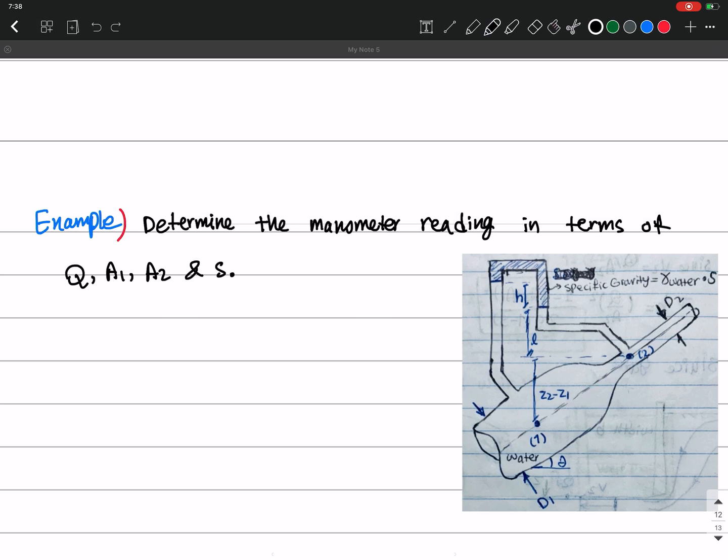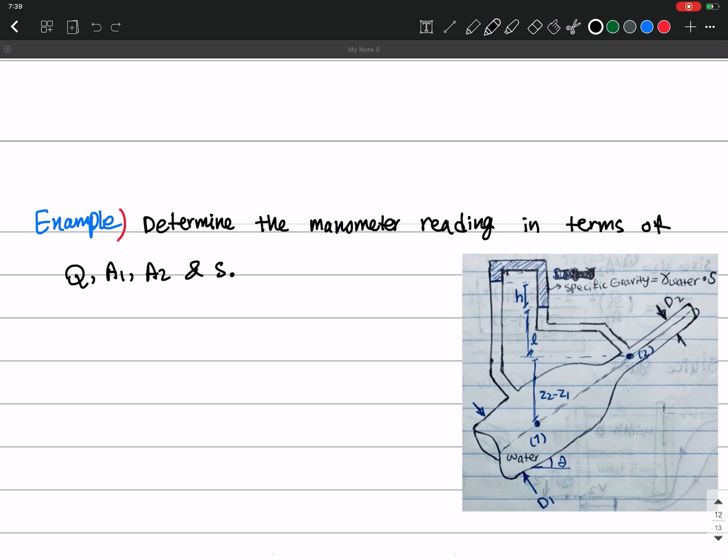It has both a horizontal and a vertical component, so we have to account for that as well. And so let's get started and see how we can find this H, which is the manometer reading, in terms of all these flow variables and also the geometry, which is A1 and A2.